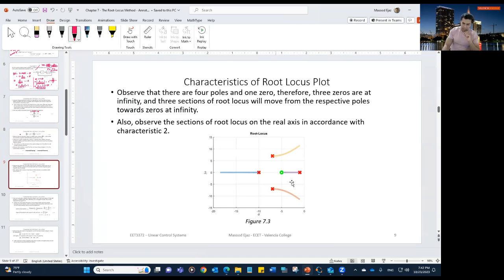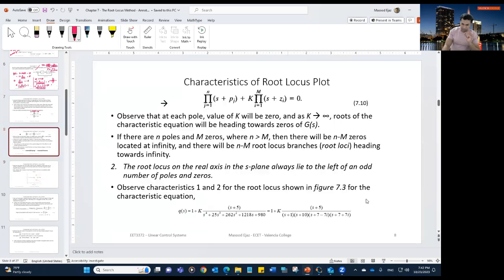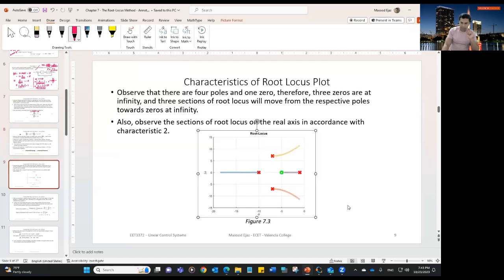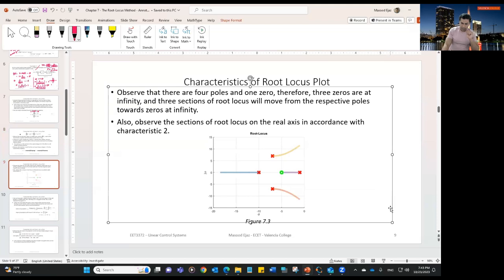So it starts at k equal to 0, and those are the 4 poles of the characteristic equation. In this case, -1, -10, -7 minus 7i, -7 plus 7i. And of course, you have 1 zero at -5, which is right over here. So that's the first thing that you mark down, the poles and zeros when you have k equal to 0.